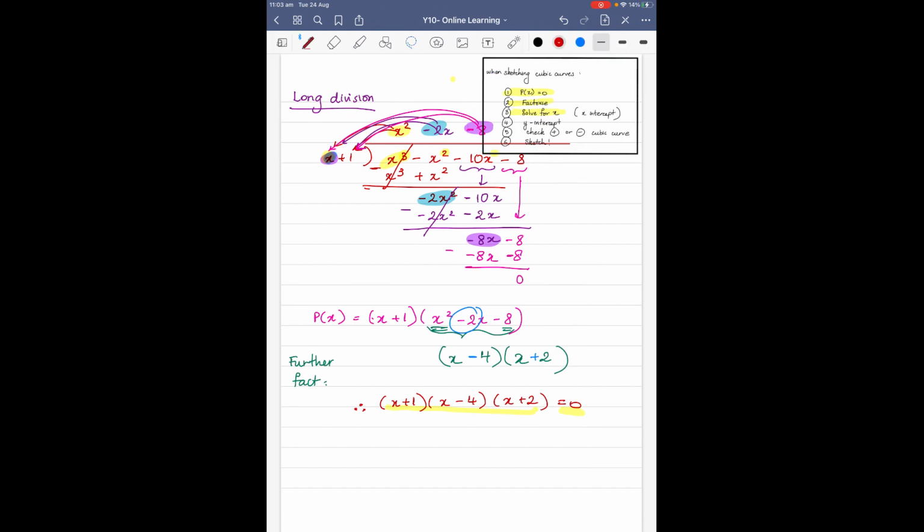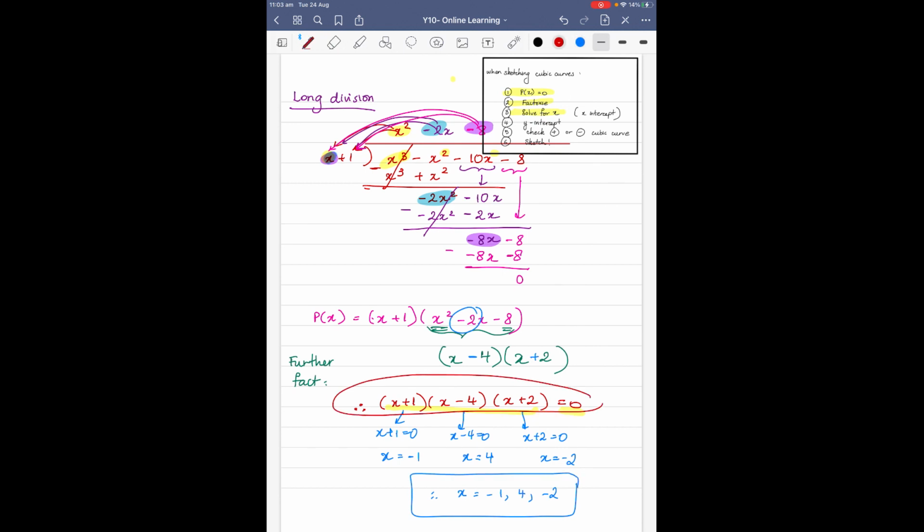Actually, to find your x-intercepts, you're going to make them equal to 0. x plus 1 equals 0. x minus 4 equals 0. x plus 2 equals 0. Solve for x, minus 1. x equals 4. x equals minus 2. Therefore, x equals minus 1, 4, and minus 2. And these are your x-intercepts.